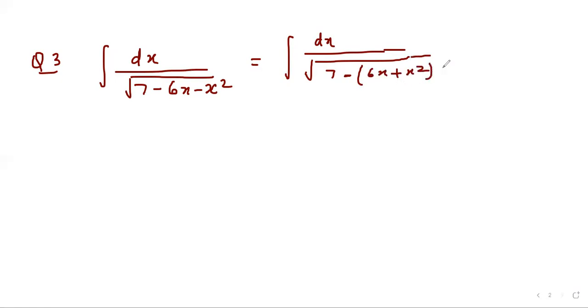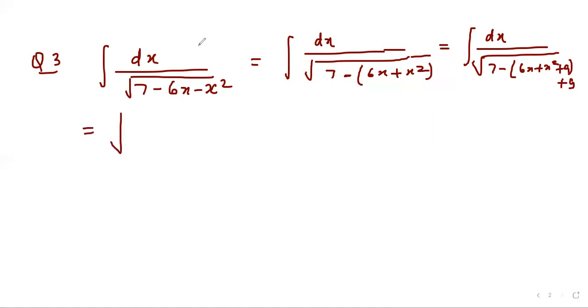Let's make it perfect square. So for that we write dx divided by root of 7 minus 6x plus x squared plus 9, and since there is minus 9, then outside we have to write plus 9. So this will become integration.